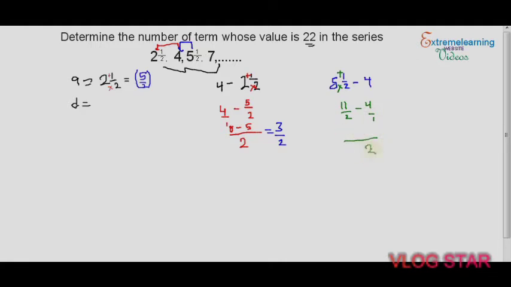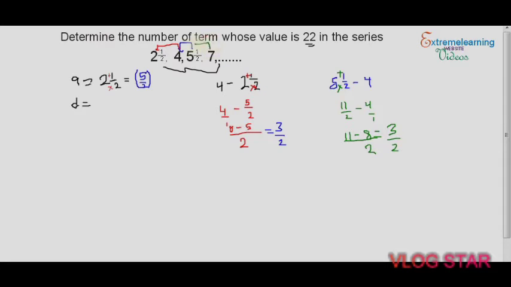Then find the LCM, that is 2. 2 divided by 2 is 1, 1 times 11 is 11, minus 2 divided by 1 is 2, times 4 is 8. Then we have 11 minus 8, which is still 3 all over 2. So notice that this here and this here are the same. So this possibly is the common difference that we're looking for.